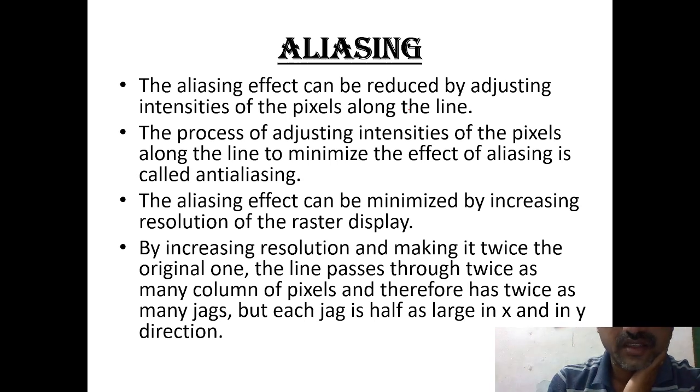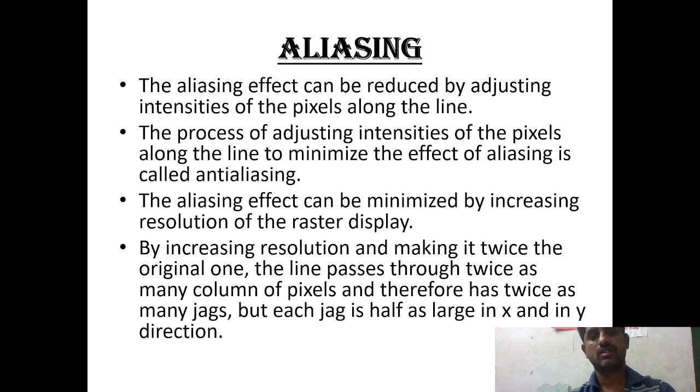The aliasing effect can also be minimized by increasing the resolution of the raster display. By increasing the resolution and making it twice the original one, the line passes through twice as many columns of pixels and therefore has twice as many jogs, but each jog is half as large in the x and y directions.